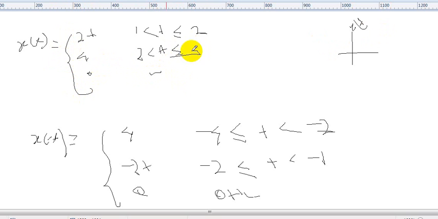This was the signal. If we draw the signal from 1 to 2, at 1 the value is 2, at 2 the value is 4, and from 2 to 4 the value stays at 4.